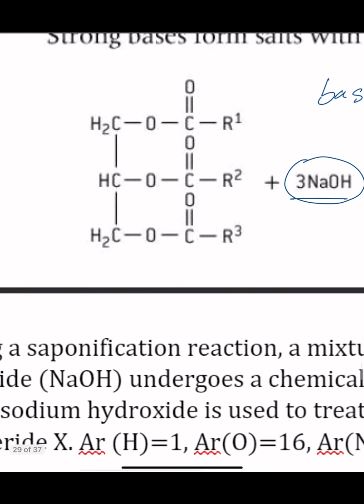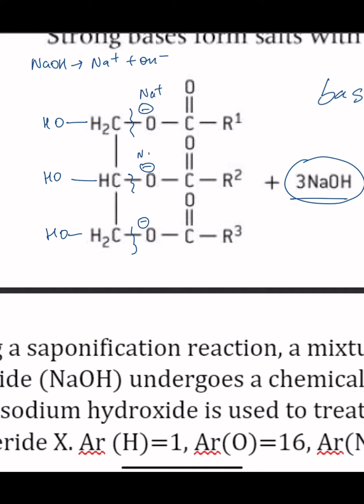So this OH, I wrote you this reaction in my video. The only thing is this sodium hydroxide ionizes into sodium plus and OH negative, right? So OH negative makes a bond from here and from here, and this bond is broken, and oxygen carries negative charge, and that negative charge combines with the sodium plus.